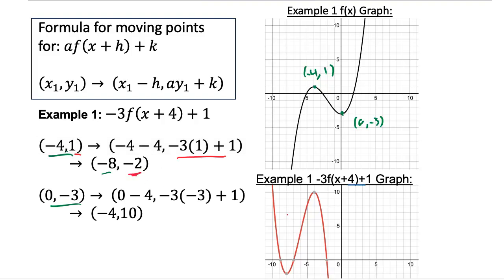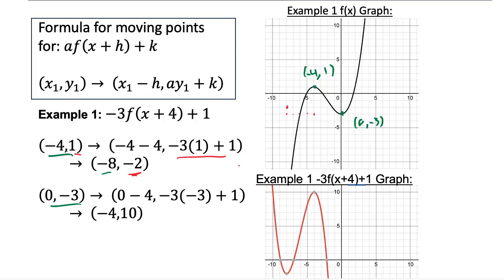Now, the other way you could do it, you could also just think about the transformation rules. I'm going to stretch it, but again, stretching is reflecting, moving down here, and then I look at the transformations. I'm going to move left 4, 1, 2, 3, 4, and then I move up 1. So notice it's really the same thing.